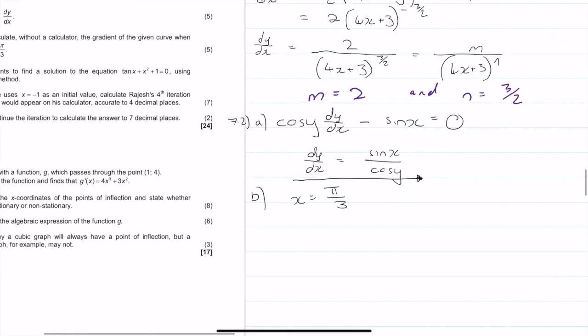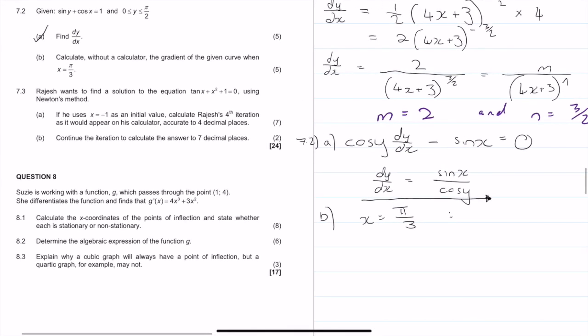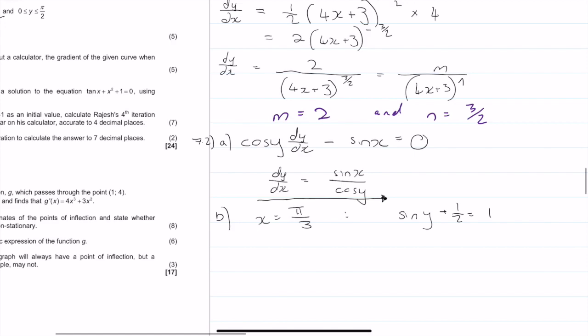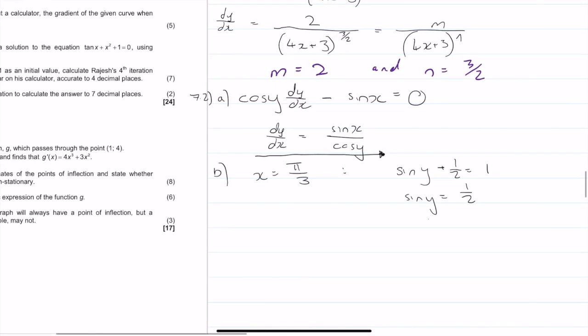We can substitute x equals pi over 3 into the original equation, sine y plus cos x equals 1, which becomes sine of y plus a half is equal to 1. So sine y is equal to 1 minus a half, which is a half. Therefore we can solve for y: y is now equal to pi over 6.